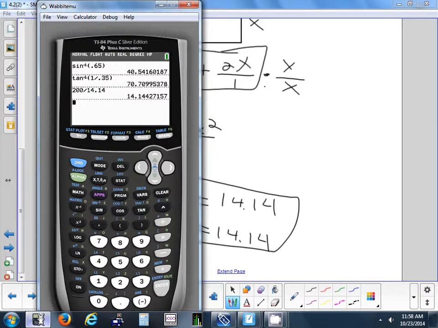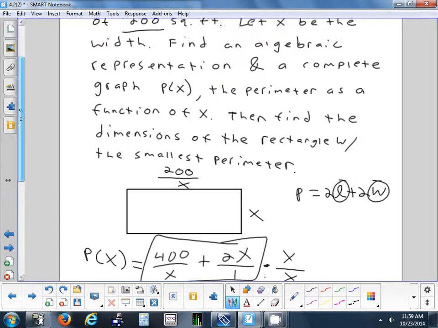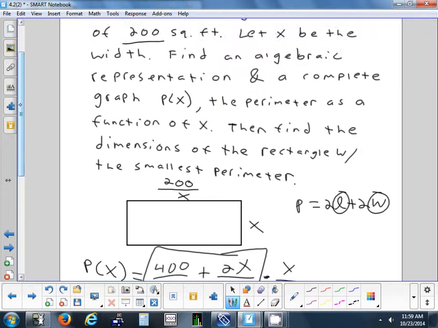The minimum perimeter would be that number times 4. Roughly, it was about 56, I think 56.6. Did they ask for the minimum perimeter? They said find the dimensions. So in this case, you actually didn't need to find the minimum perimeter, just the dimensions of the rectangle.